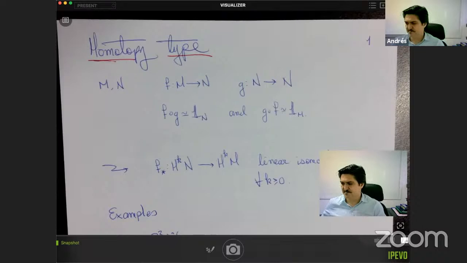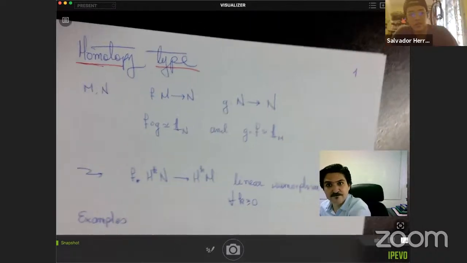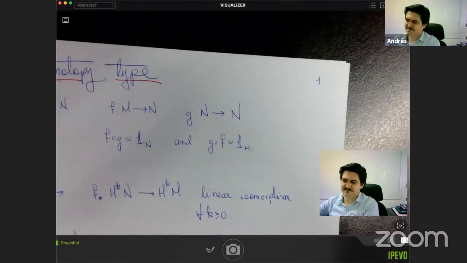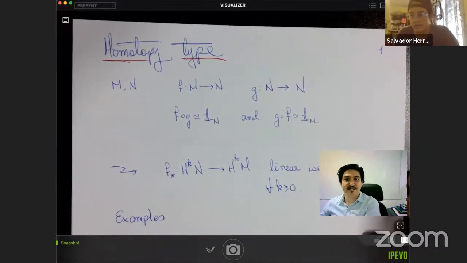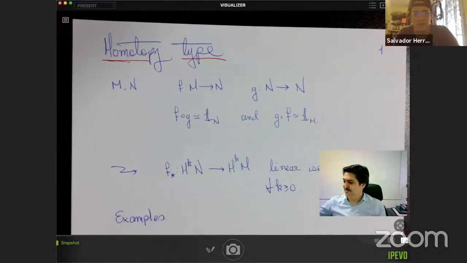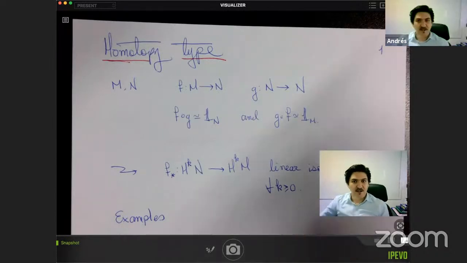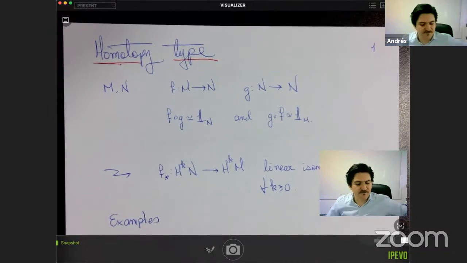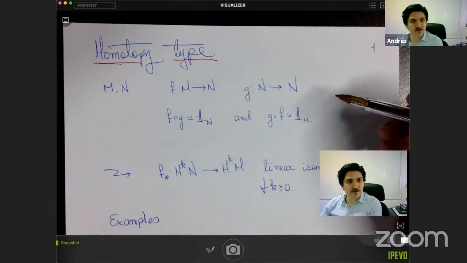The exact sequence. We used the Mayer-Vietoris sequence to compute the cohomology of the circle. Very good. Okay, so let's start reviewing this.